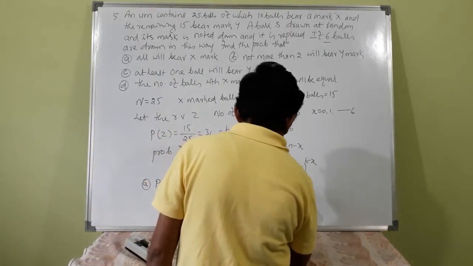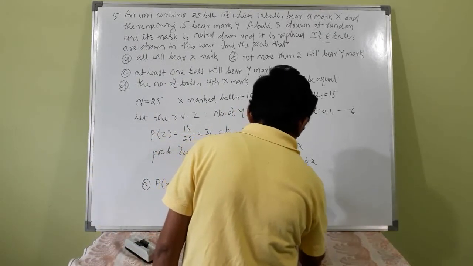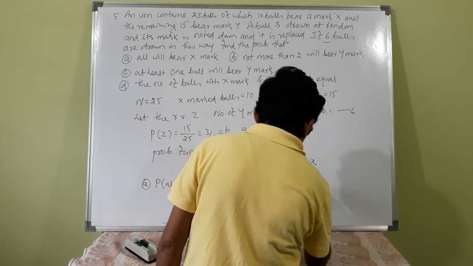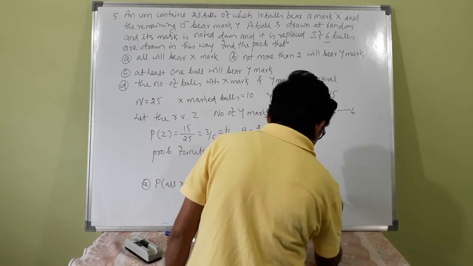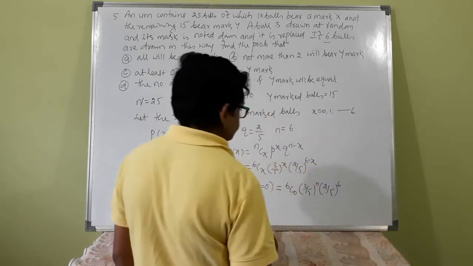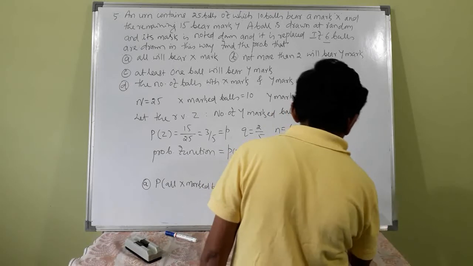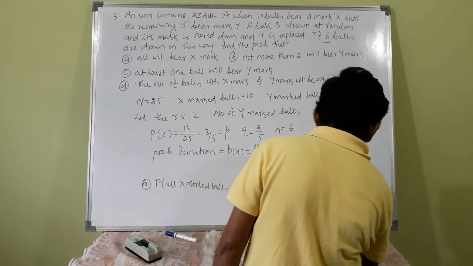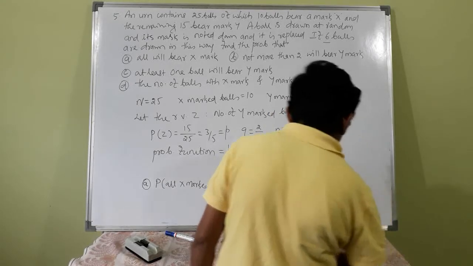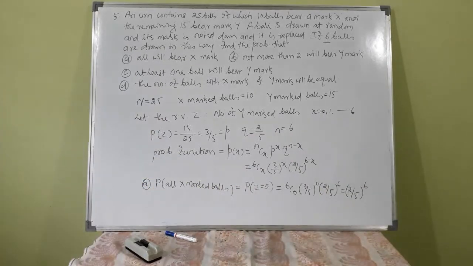That is 6C0 3 by 5 raised to 0 times 2 by 5 raised to 6. So this is how much? 1 times 1 times 2 by 5 raised to 6 is the answer for the first part.